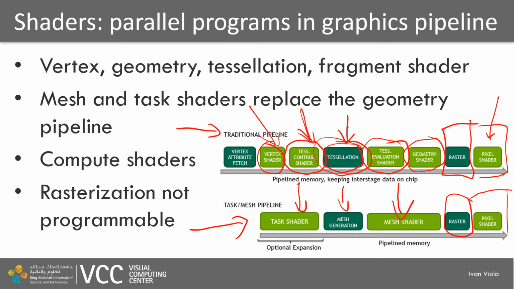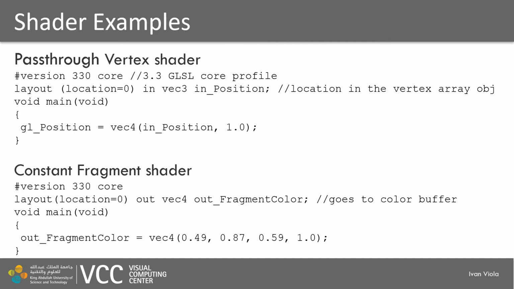Afterwards, there is the rasterizer, and again the fragment shader. So here, the task and mesh shaders take on the role of the vertex shader and tessellation shaders. There is a slightly different logic, but it is the geometry stage, which is the pre-rasterization stage. After this, we perform the non-programmable rasterization, and in the fragment shader we perform the same operation.